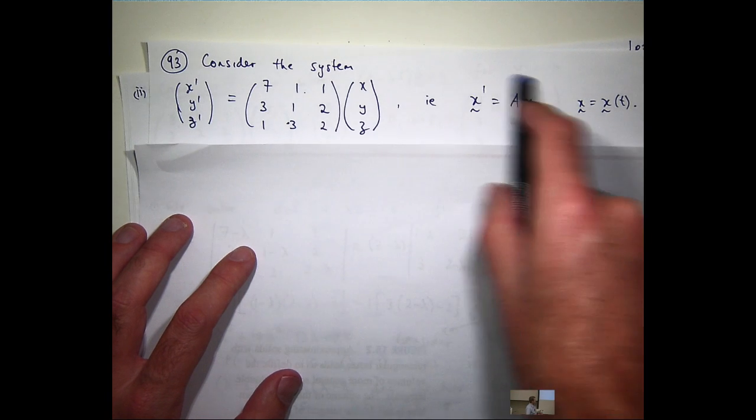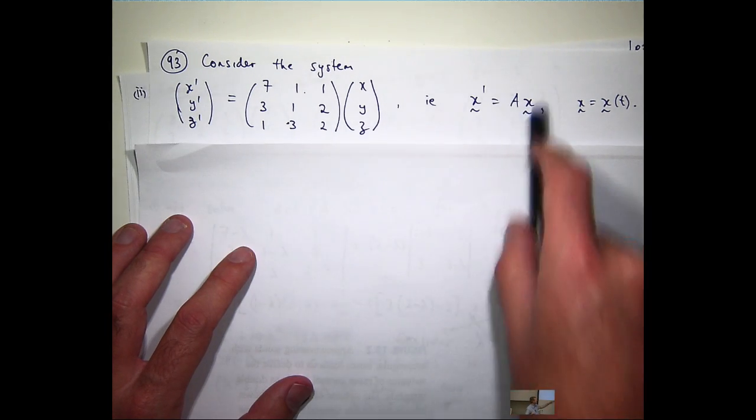So the x dash, the y dash, and the z dash mean dx/dt, dy/dt, dz/dt. Okay? So here x, y, and z are all functions of t, the independent variable t.